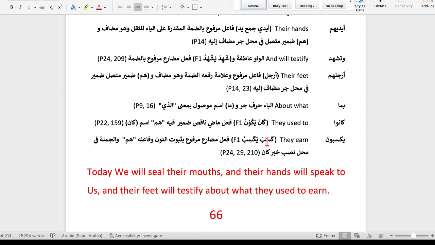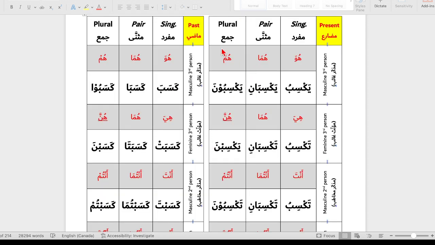Yaksibuna is another verb. Kasaba yaksibu, to earn. So huwa yaksibu, huma yaksibani, hum yaksibuna. So it's for hum. And the table is on page 210. Kasaba yaksibu, huwa yaksibu, huma yaksibani, hum yaksibuna.